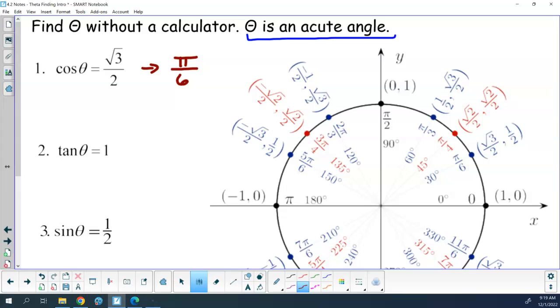Okay. Where in quadrant number 1 is tangent equal to 1? Pi over 4, because x and y have to be the same, and that happens at pi over 4.